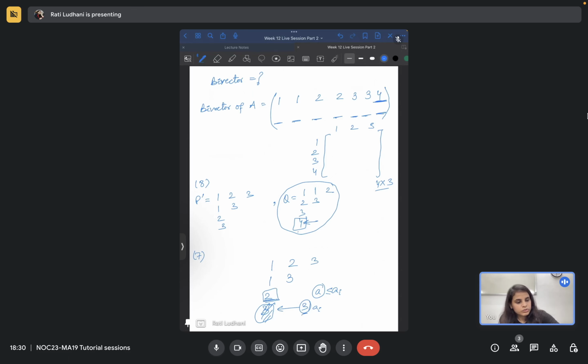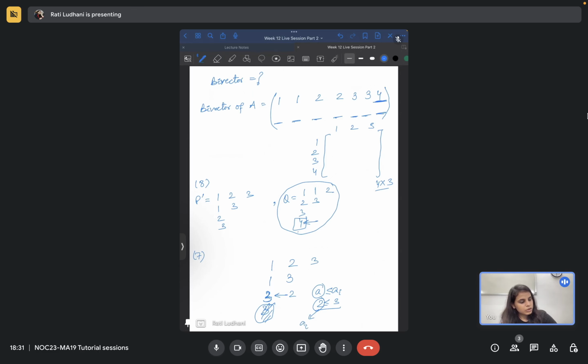So what would have happened? We remove this, this would have been 3, and you must have inserted 2 in this row, right? Yes, ma'am. And now this has become your AI.